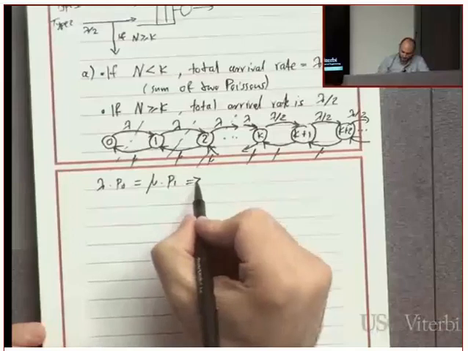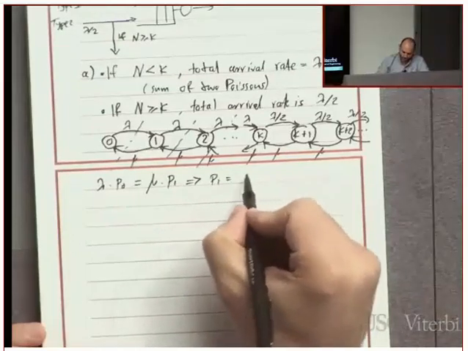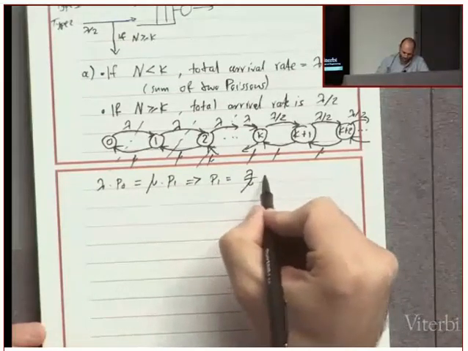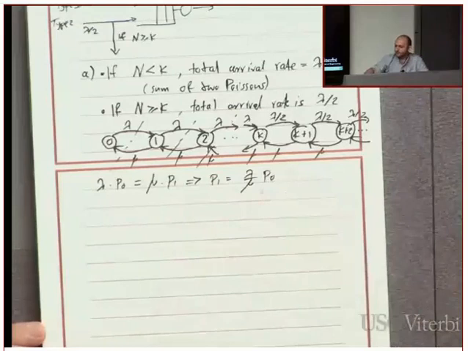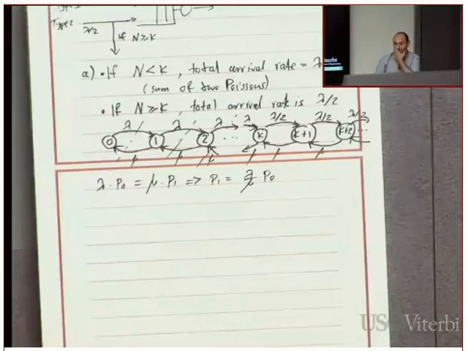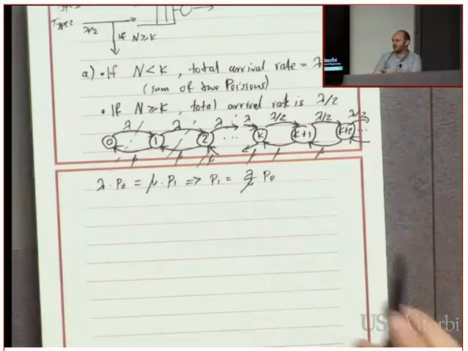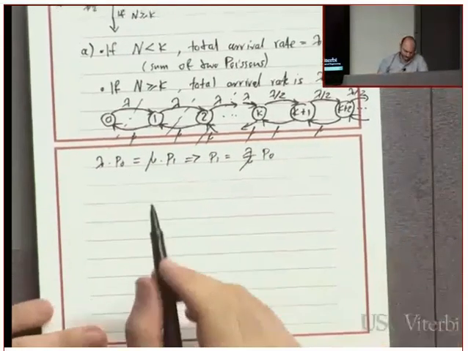Which gives, if we solve in terms of P1, lambda over mu times P0. You should be able to do this derivation and fast, okay?